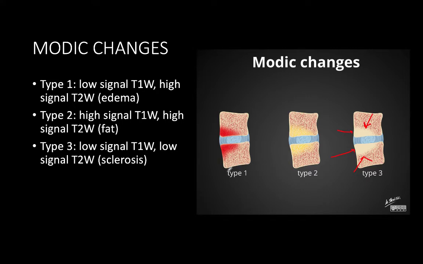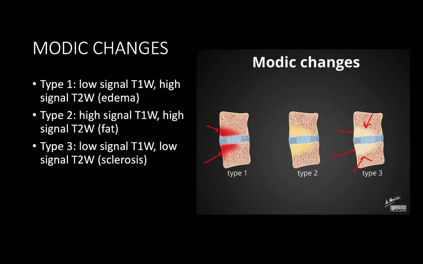So type 1 occurs when edema is present in the subchondral bone secondary to an osteoarthritic joint, right? Joint space narrowing, kind of altered dynamics in the joint, altered weight bearing through that joint can cause edema in the marrow below the articular surface. And this is really painful.